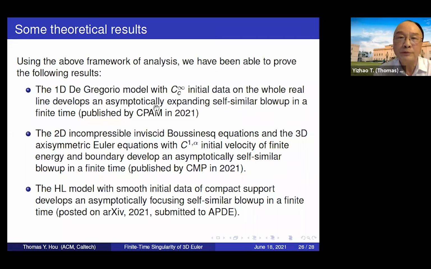On the circle, for periodic initial data, people tend to believe there's no finite time blow-up. Inspired by the recent result by Tarek Elgindi, we generalized some of his techniques. We can prove that the 2D Boussinesq equation, and also the 3D axisymmetric Euler equation with boundary, the same setting as in my computation with Guo Luo, but for C^{1,alpha} initial velocity field, for alpha small, with finite energy, develop a finite time singularity.